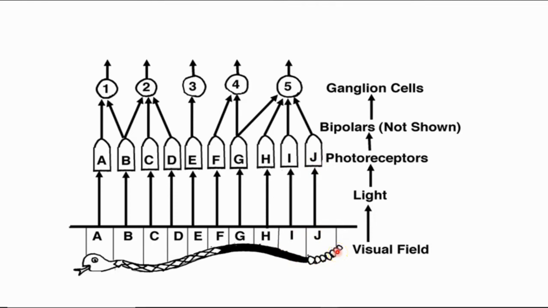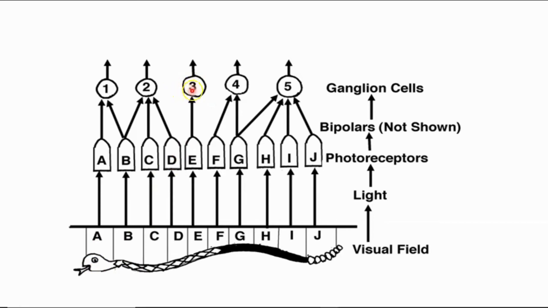The receptive fields of the ganglion cells are determined by the pattern of input from the photoreceptors via bipolar cells. For example, if we recorded the receptive field of ganglion cell 1, its receptive field will include portions A and B of the visual field, which is the snake's head and the upper body.